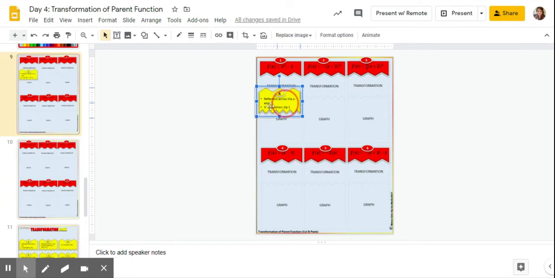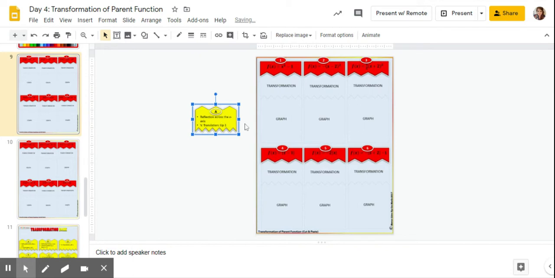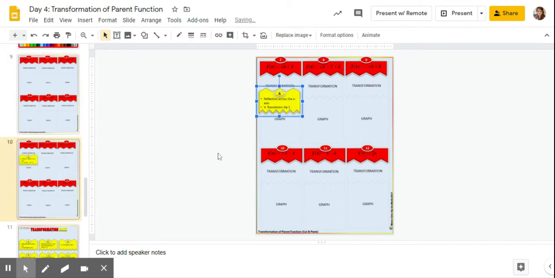This says the reflection across the x-axis, and it's up 1. That's actually not on that slide, so we're going to go to this slide, Control V it. It's a reflection, and it's up 1. So it's actually this function right here. I'm going to put that there.